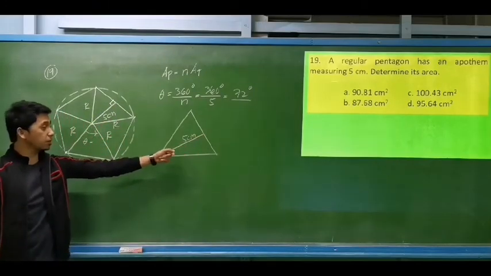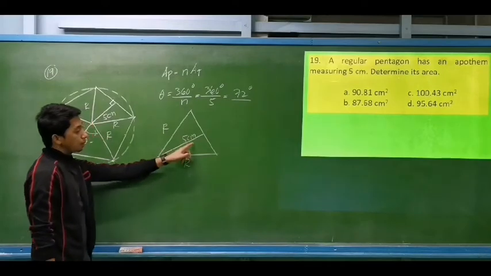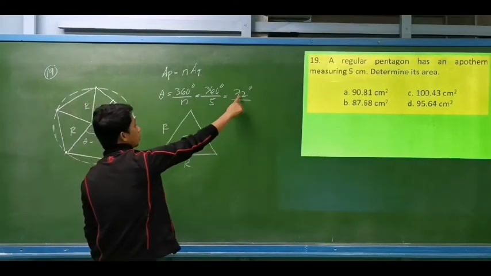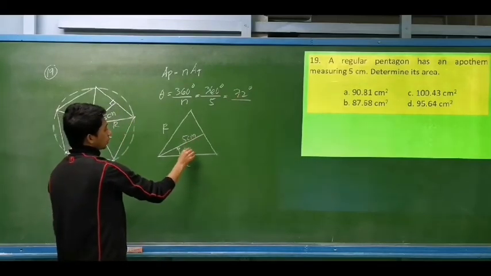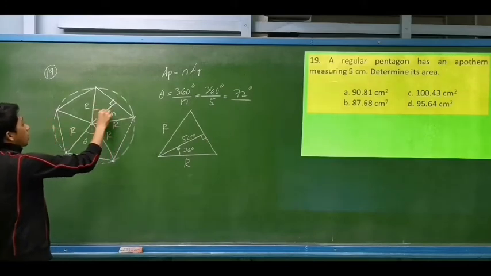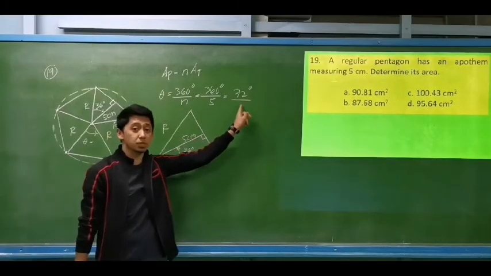So, we have 5 centimeters. Ito yung R. This is R. Hahatiin ng apothem yung angle. So, this is the same as 72 degrees divided by 2. Ito magiging 36 degrees. This is the right angle. So, yung angle dito, kung nahati, this is 36 degrees, yung kalahati ng 72.